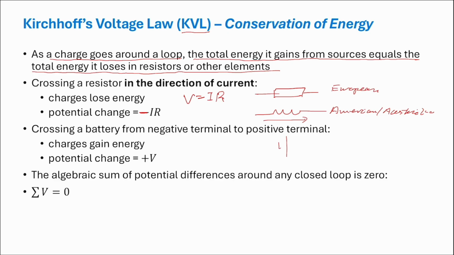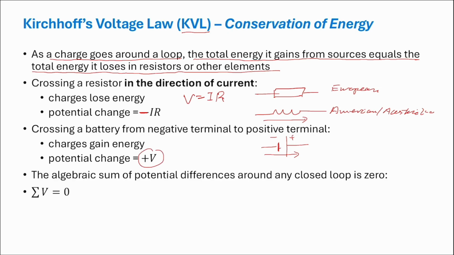When the current passes through a battery, say this is positive, negative, its potential energy is actually gained, because this is how the battery converts the chemical energy into electrical potential energy. So this is positive here.